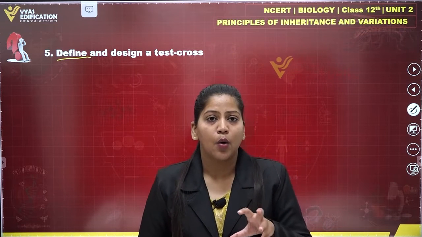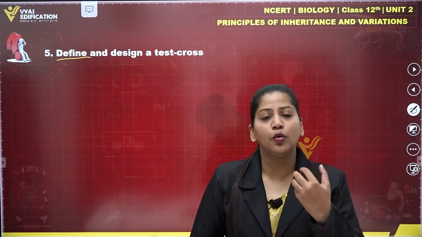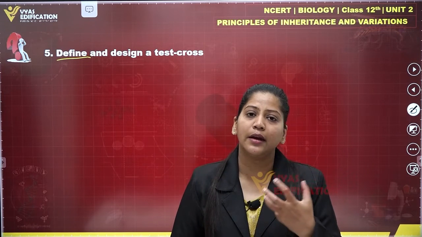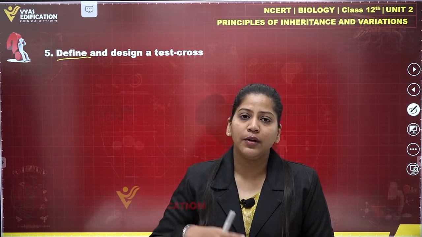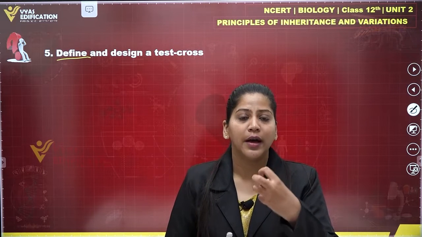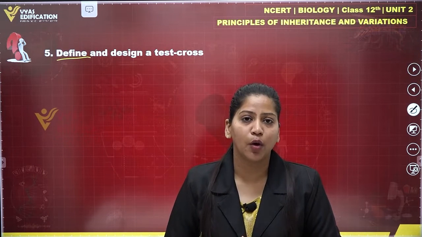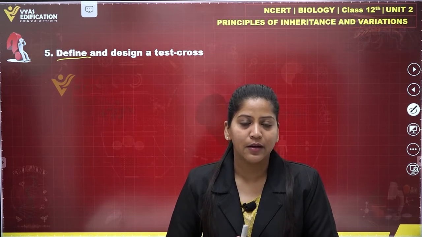Now, when an organism is showing dominance for a trait, it could be homozygous and it could be heterozygous. When we do an experiment to examine the genotype of an organism, we use a recessive parent.